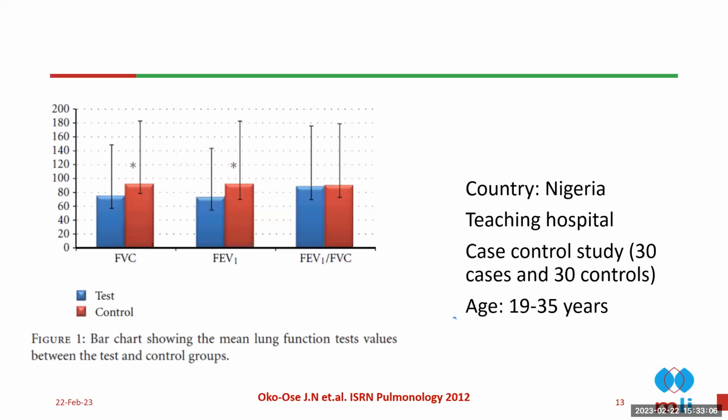This is another study which was done again in Nigeria in a teaching hospital. It was also a case control study. This figure illustrates the differences in the volumes between the controls, meaning those children who did not have sickle cell disease, and the cases, those who had sickle cell disease.